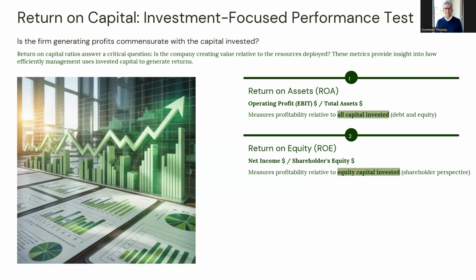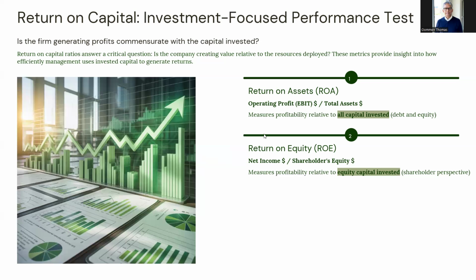Now, return on assets measures profitability relative to all assets deployed and all capital invested. So it's neutral between debt and equity and the various types of financing. It just says all capital, all assets, which means all financing, without distinguishing between the various types of financing.